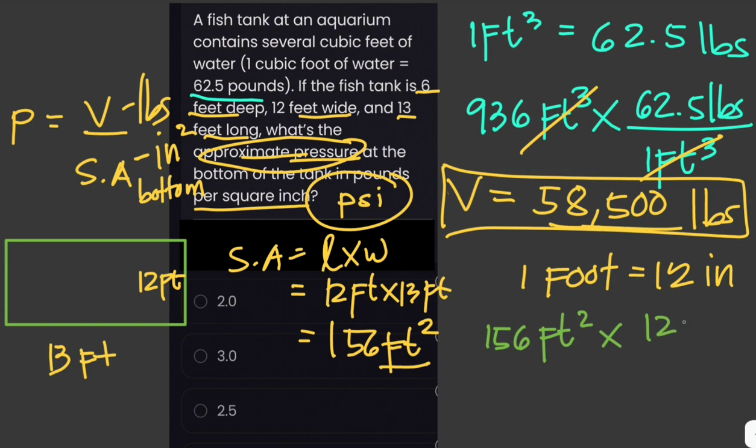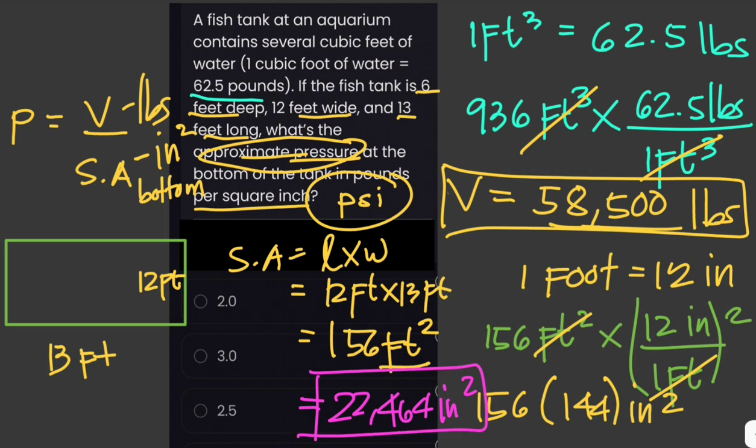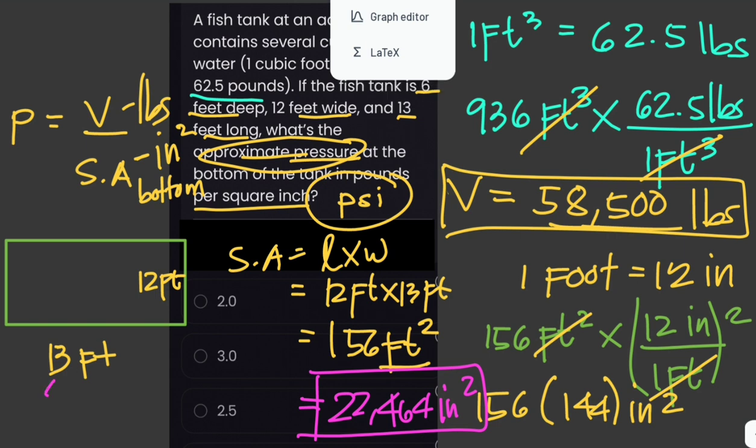So this would be 12 inches per 1 foot. Then we square this, so we can cancel out square feet. So this would become 156 times 12 squared, which is 144 square inches, and this is just equal to 22,464 square inches. So this is the surface area in square inches. Now we can solve for the pressure.